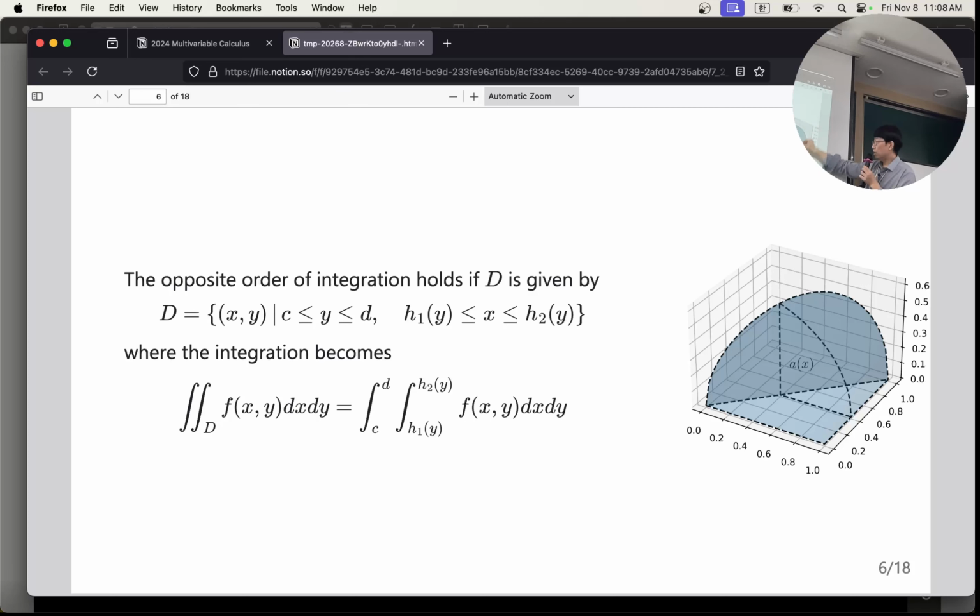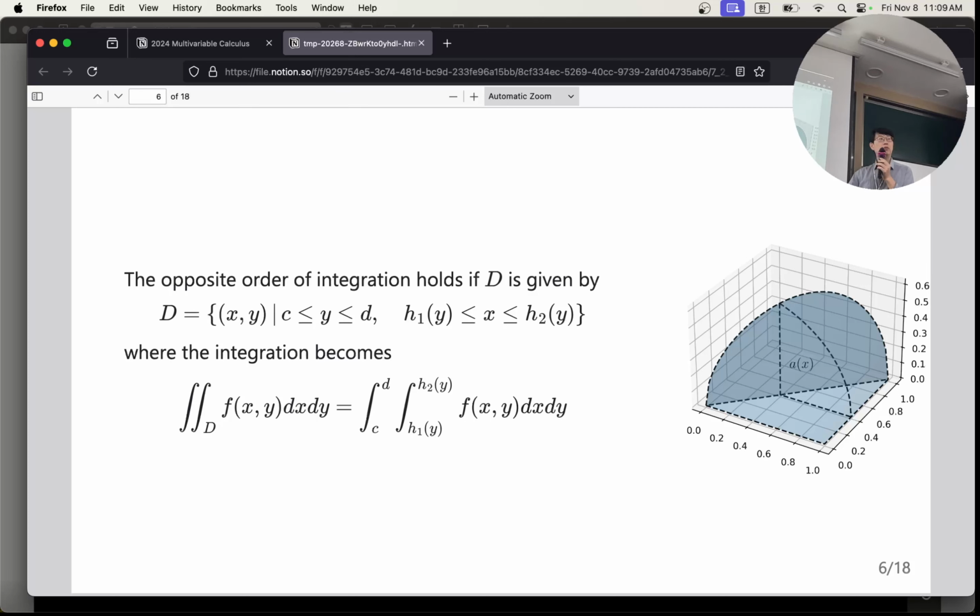When you cut the volume at this y, perpendicular to y, where is this intersection here? What's the x coordinate of this intersection? It's y. So you start your limit of x from y, and what's the upper limit?